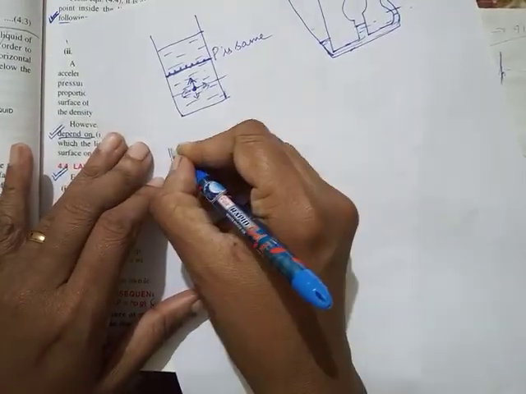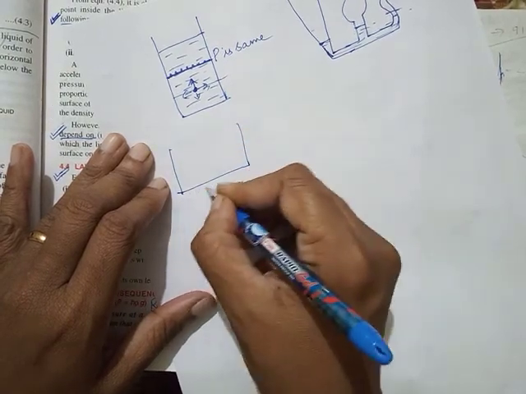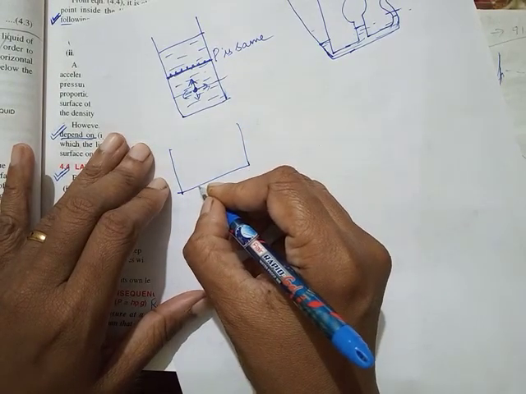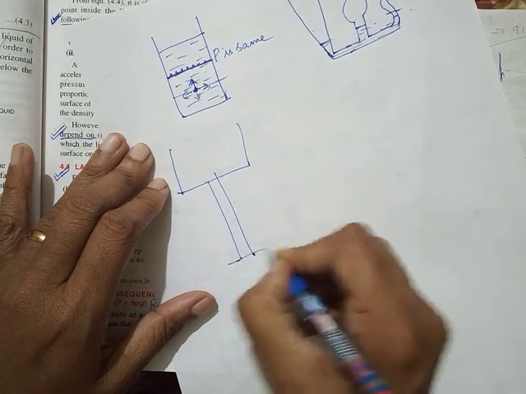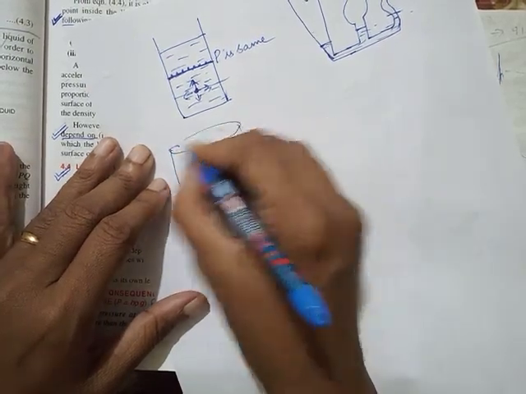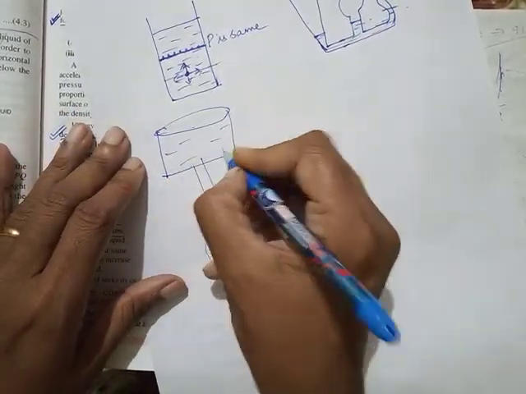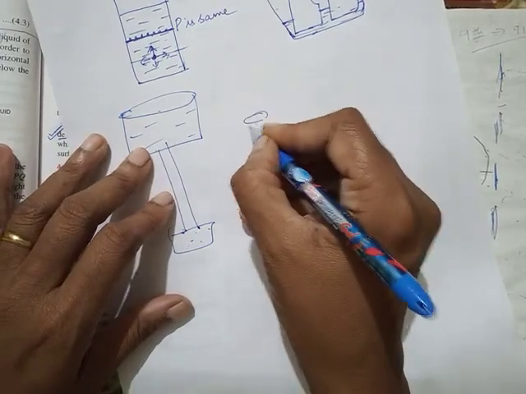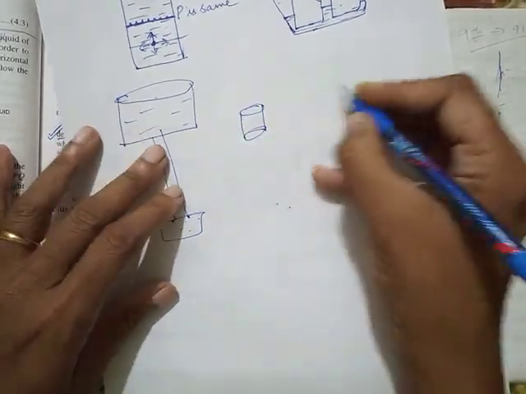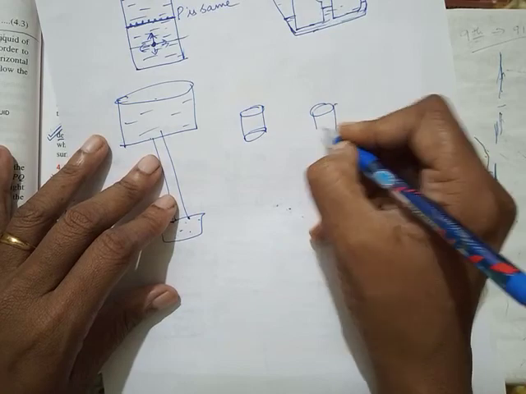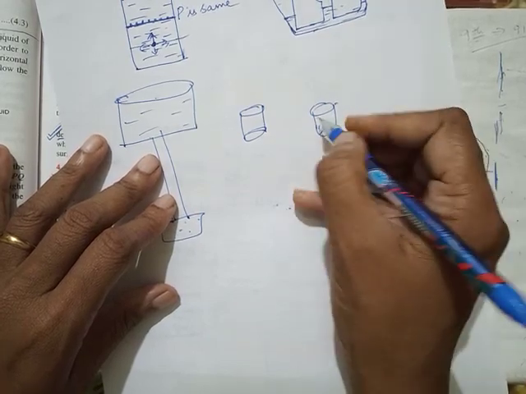So this is the big tank of a locality. It will be at a height. Now there will be different houses. One house has a tank here, another house has a tank maybe at a lesser height.